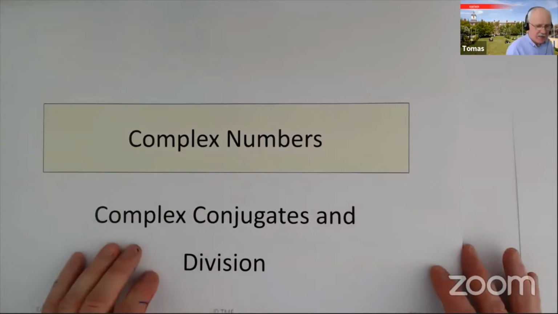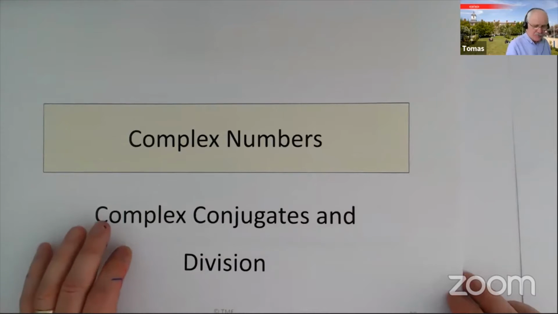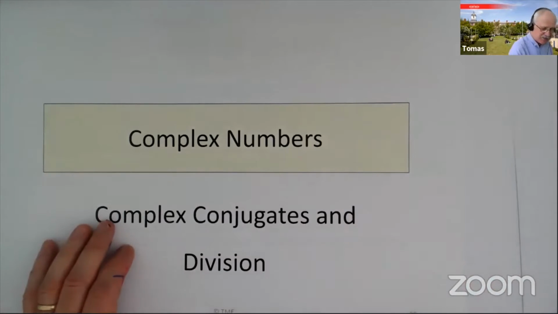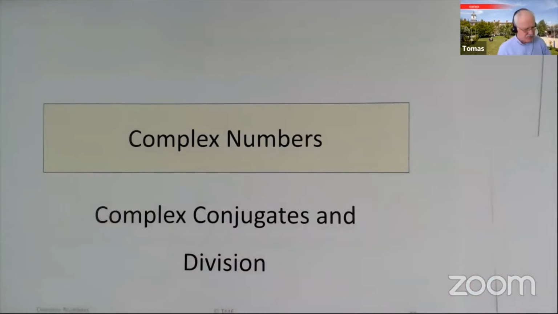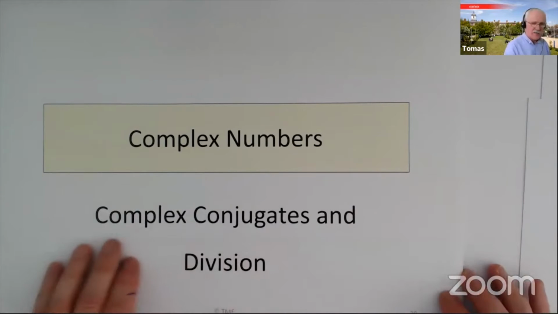So that's multiplication. The next bit is called complex conjugates and division. It's not possible to divide apples and oranges by apples and oranges of different amounts very simply. So there's a trick we use called complex conjugates.